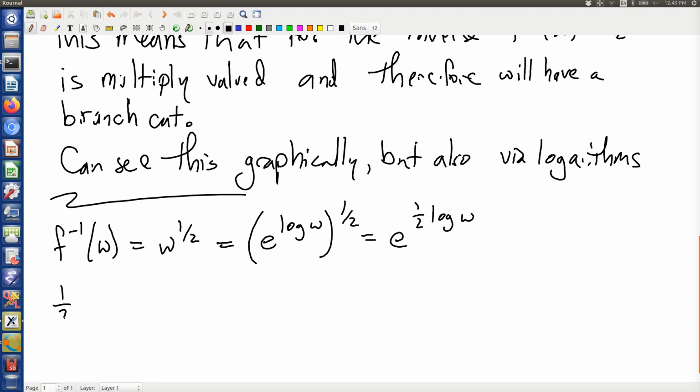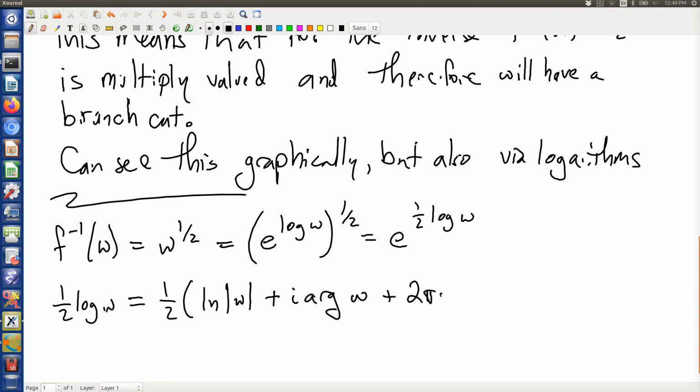And 1/2 log w is 1/2 times the natural log, the real guy, of the magnitude, plus i times the argument of w, plus, and then there's some ambiguity, 2 pi i times n, where n is an integer, and it selects the branch.